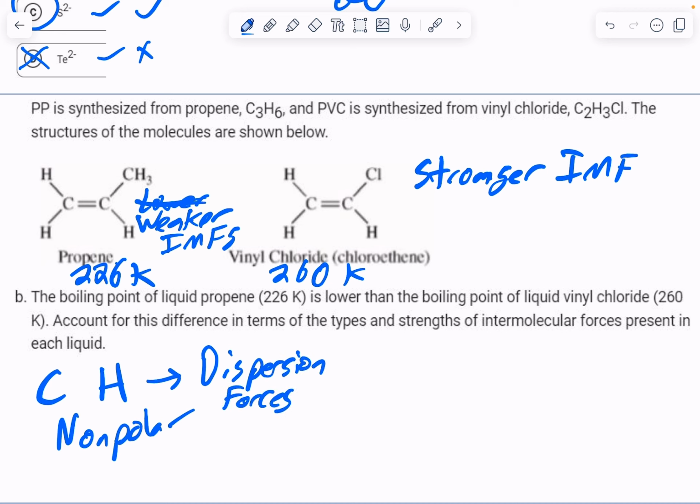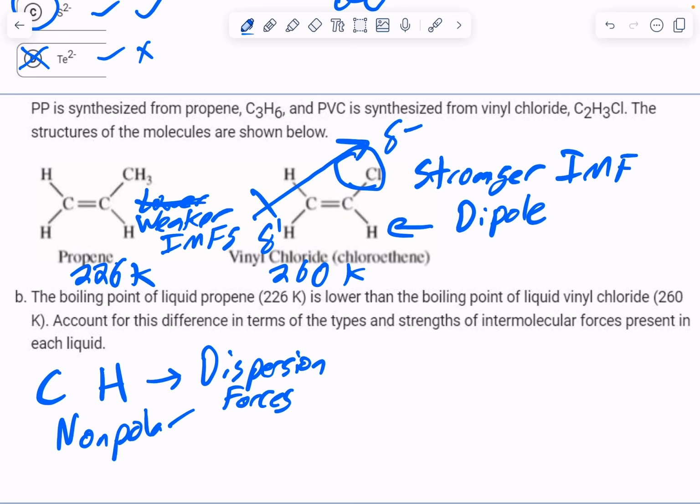Whereas this one over here has this chlorine attached to it, and then carbons and hydrogens. Because of this chlorine and where it is, this can form a dipole. We will have electrons being pulled to this side, leaving this side partially positively charged.